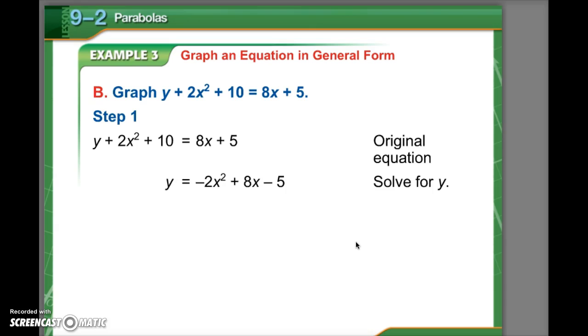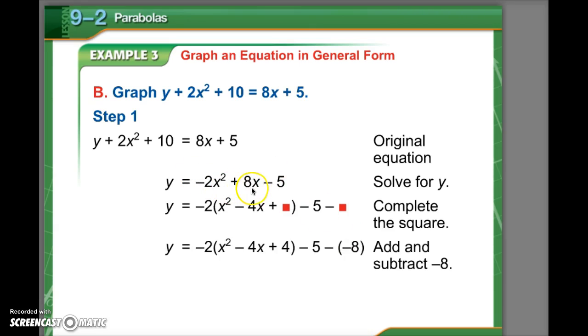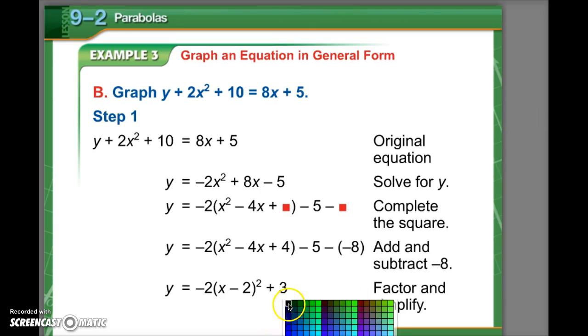So when we do that, on the right side, we're going to end up with negative 2x² + 8x − 5. Then we're going to look at the first two terms and see what they have in common. And we notice they each have a negative 2, and we're going to pull the negative 2 out. And when we do that, we are left with x² − 4x.